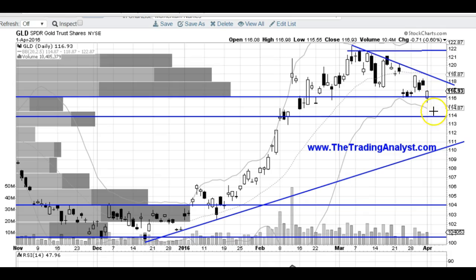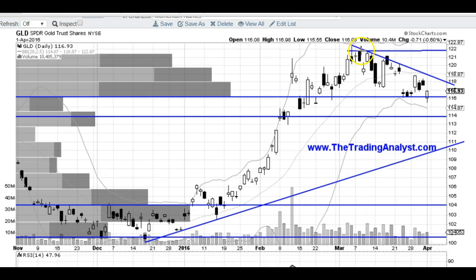Going forward, we've got the next support at about 114, and then we've got the uptrend line that has 1, 2, 3 touches. Now it has 3 touches, which I like to see, 3 touches or more to draw a decent support trend line. And we do have that criteria, but they're 3 separate, individual touches, rather than over here, where you can see how they're kind of grinding against it.